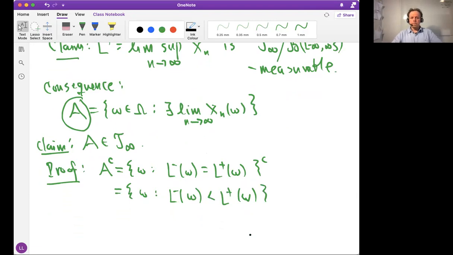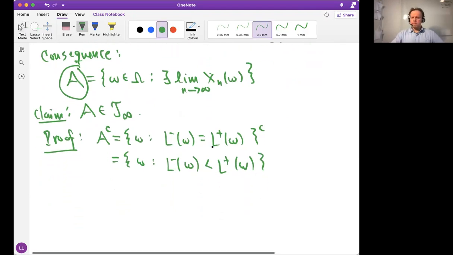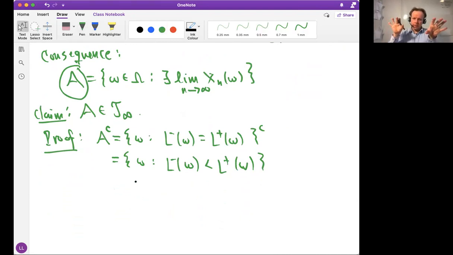Is this some kind of nicely measurable set? Not immediately, but if L minus is less than L plus, then there exists a rational number in the middle.